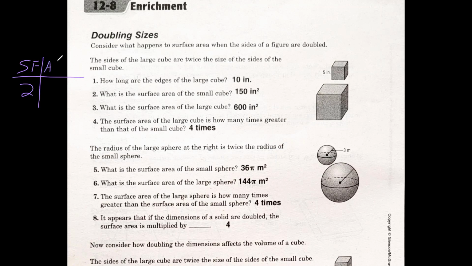Our area ratio and our volume ratio, we could also find. Area ratio would be this value squared. So 2 squared is 4. Our volume ratio is our scale factor cubed. So our volume ratio is 8.